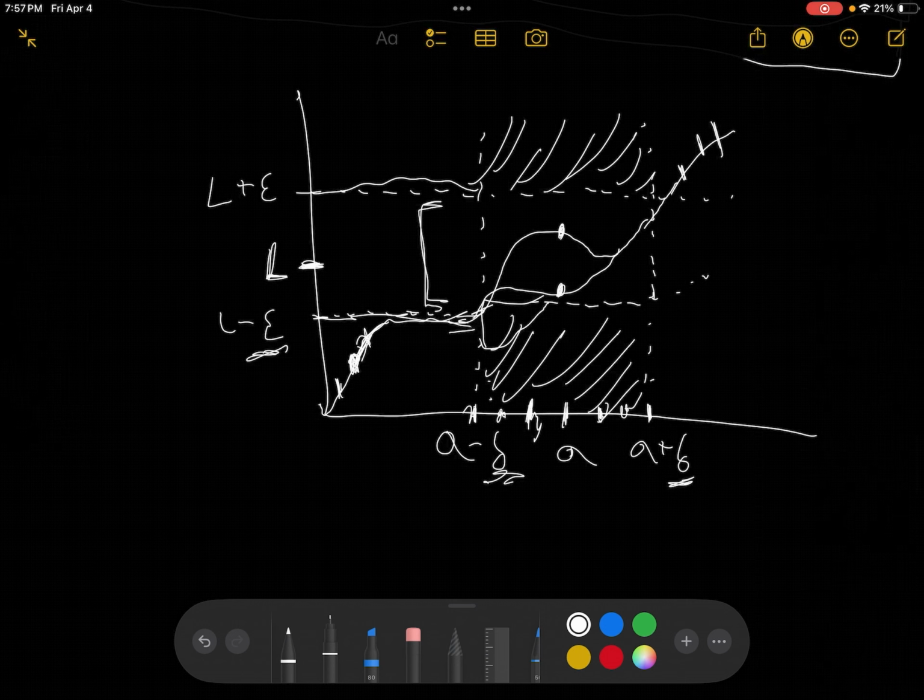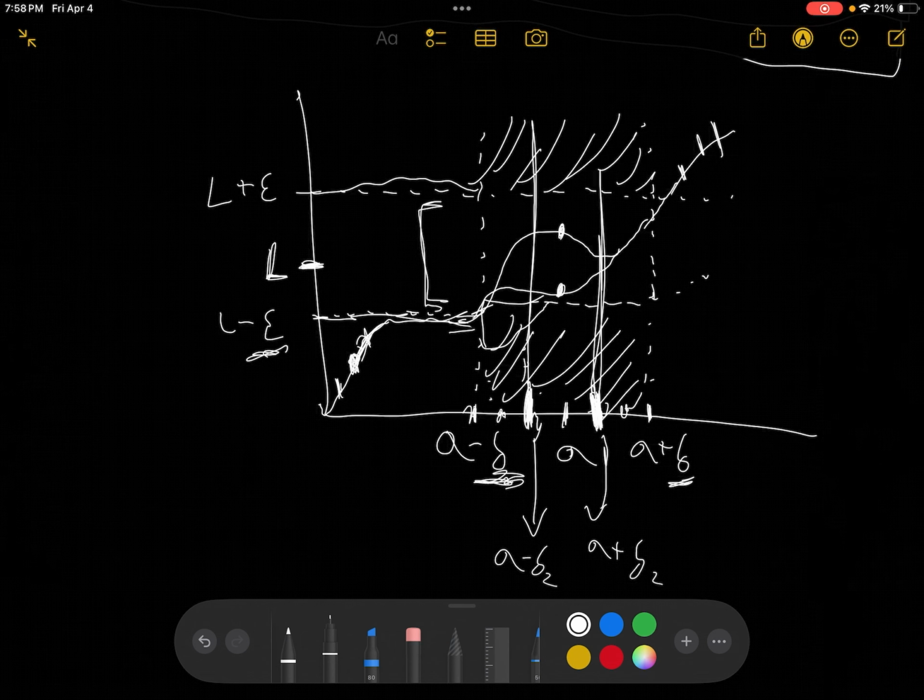So it's clear that we're going to have to take multiple epsilons and multiple deltas. But which one should we restrict first? Well, notice that if we take a smaller delta, so now if we create some new interval, a minus delta 2 and a plus delta 2, this actually hasn't restricted what the limit of the function is at all.